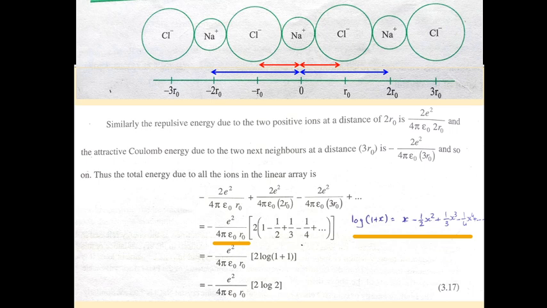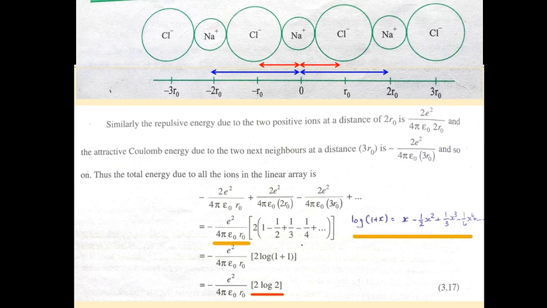Let us compare with this square bracket. Then x is equal to 1, and therefore the relation can be rewritten in terms of the log series, and that would be e square upon 4 pi epsilon 0 r0 in a square bracket, twice log of 1 plus 1, as x is equal to 1 in the present case. And therefore, as given in equation number 3.17, e square upon 4 pi epsilon 0 r0 in a square bracket of twice log 2.